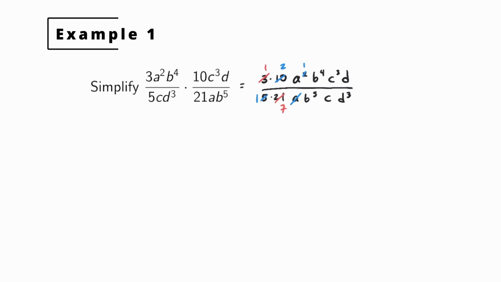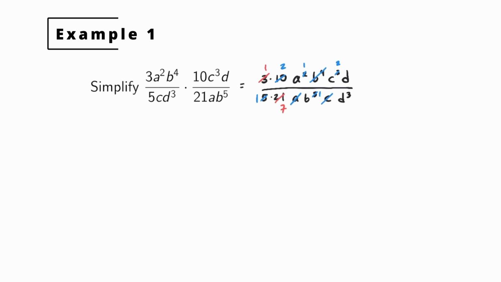We'll have b to the fourth in the numerator, b to the fifth in the denominator. So we'll cancel out entirely the b to the fourth. It'll leave us 1 power left over in the denominator. For c, we have c cubed in the numerator, c in the denominator. So that will completely cancel out the factor of c in the denominator and leave us with c squared in the numerator.